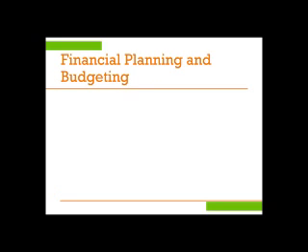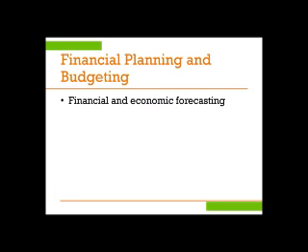So just a little bit more about financial planning and budgeting. Another aspect of this is the economic forecasting. Sales is going to look to the finance department as well as others to say what is the economic outlook? How are things looking for Europe, for the US?